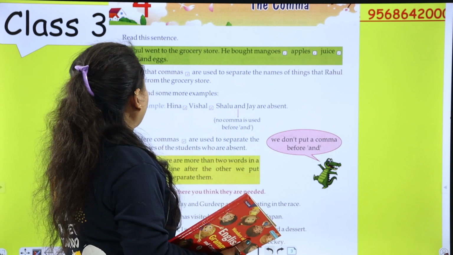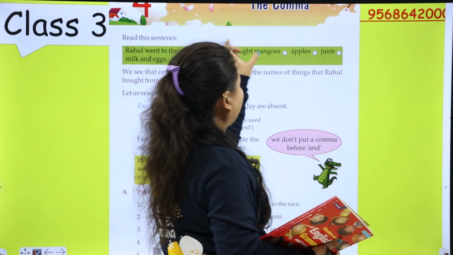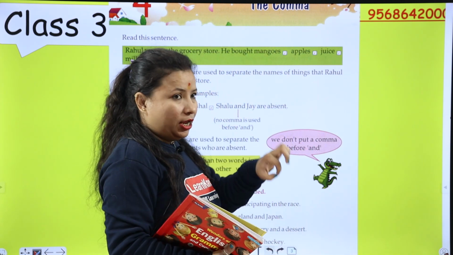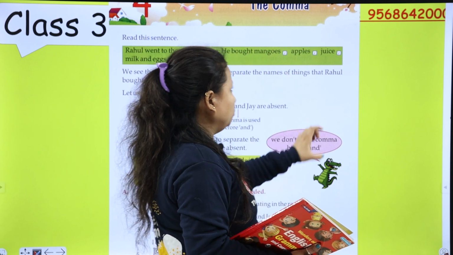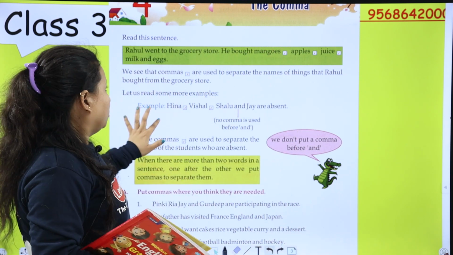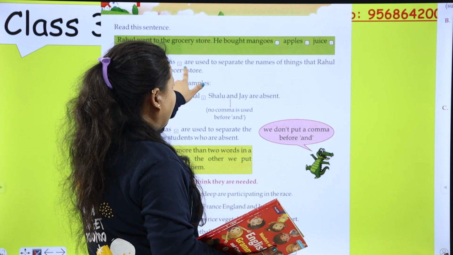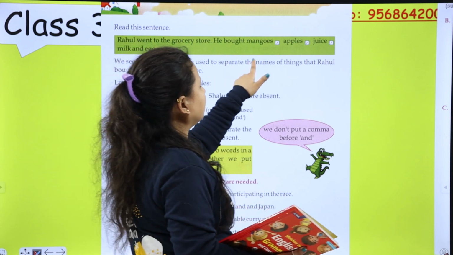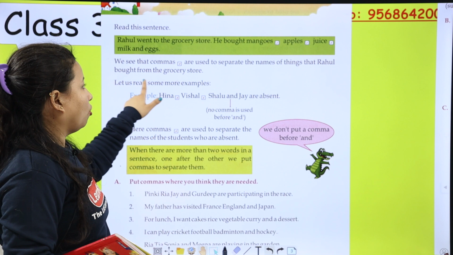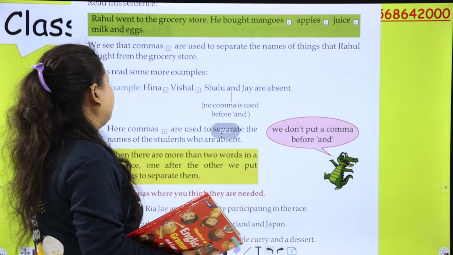So, he bought mangoes, apples, then a slight break, juice, milk and eggs. We see that commas are used to separate the names of the things that Rahul bought from the grocery store. Let us read some more examples.